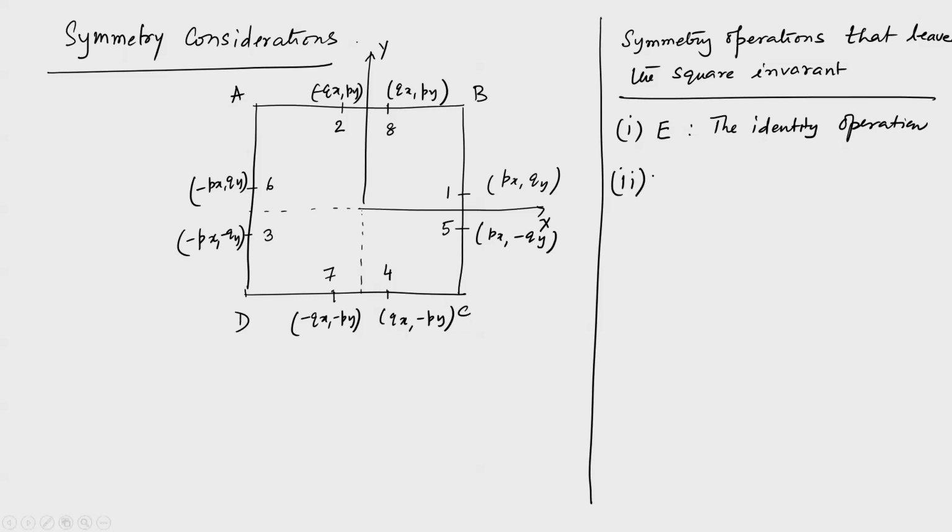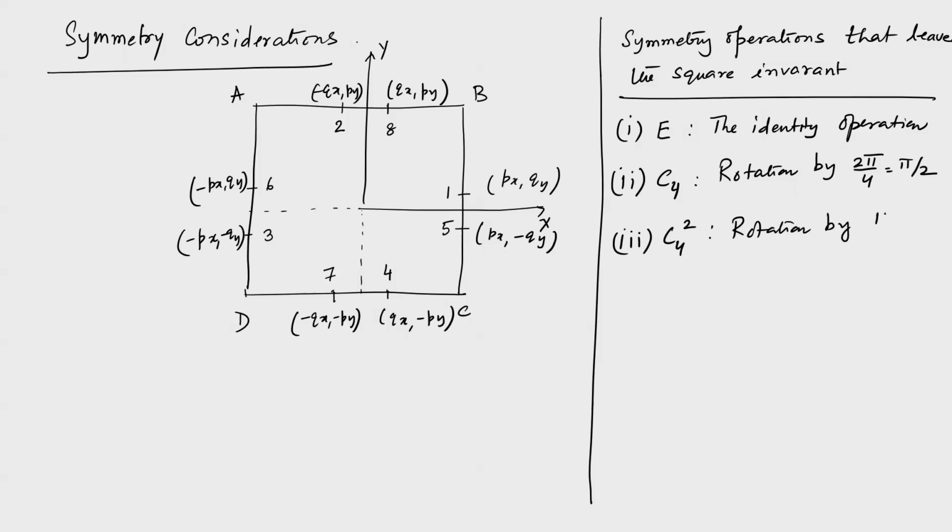Number 2 is C4, rotation by 2 pi by 4. So, if it becomes C n, it becomes 2 pi by n, since it is 4, which is equal to pi by 2. So, that is another operation which I have already said. C4 squared, which is rotation twice, so rotation by pi. And C4 cubed, rotation thrice, so it is rotation by 3 pi by 2.